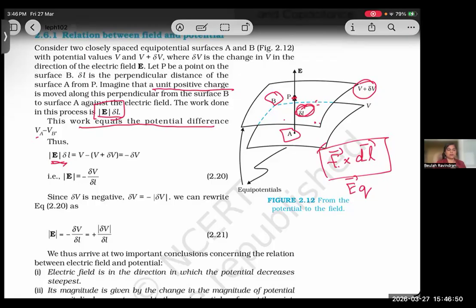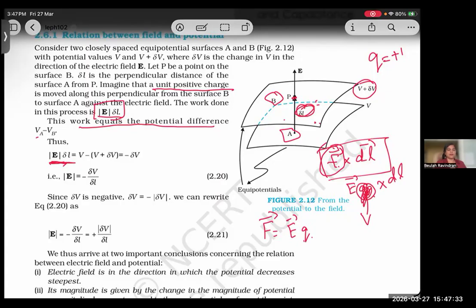Imagine that a unit positive charge is moved along, so Q is equal to +1, and F can be written as E. So the electric field due to a unit positive charge, into dl, will be the work done, or the potential difference.